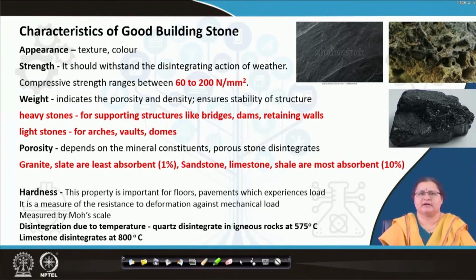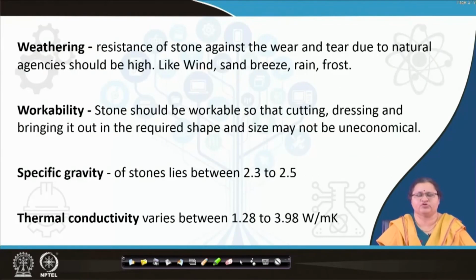So, these are some good characteristics of building stone, other than which we have the weathering action. Why weathering? As I told you, your building stays uncovered with any material and it has to withstand the natural calamities, wind, sand breeze, rain, frost, sun.